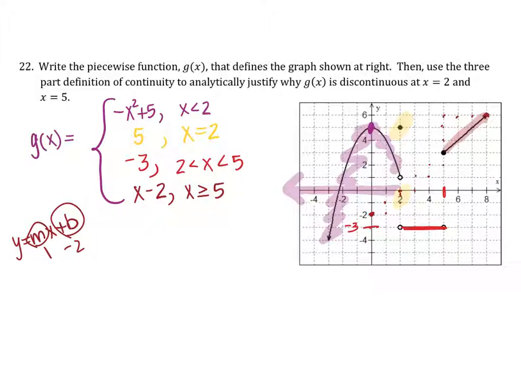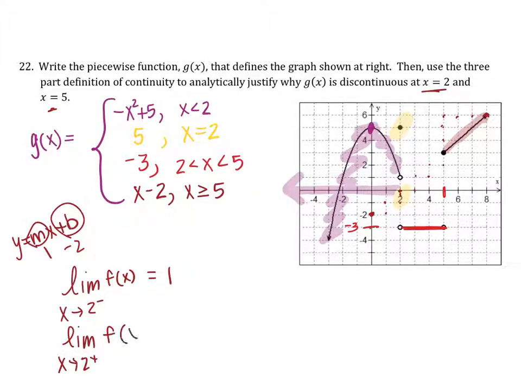And now we need to go through and show that we are not continuous at 2 and at 5. So we can go through that with our limits pretty quickly. The first part, you would look at your limit as x approaches 2 from the left of our function. And as x approaches 2 from the left, we get 1. And then let's look at our limit as x approaches 2 from the right of our function.